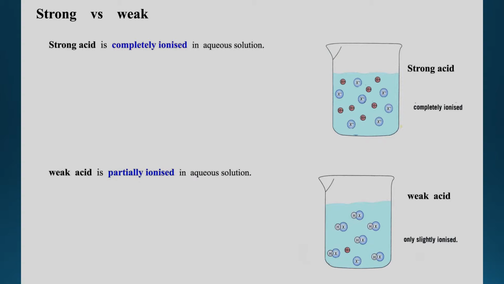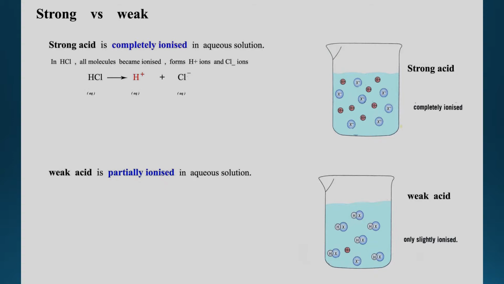At the bottom, weak acid, I also put 7 acid molecules. But how many ionize? Only 1 or 2. The remaining are still acid molecules that did not separate.